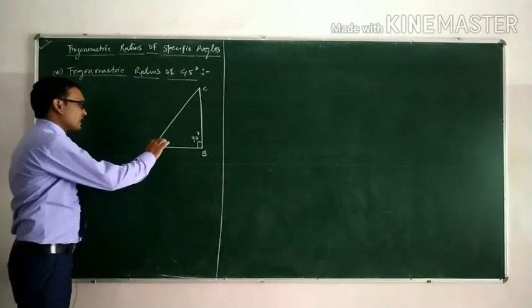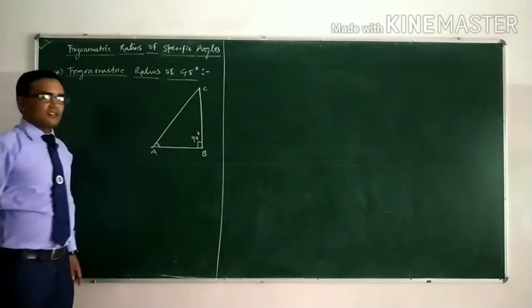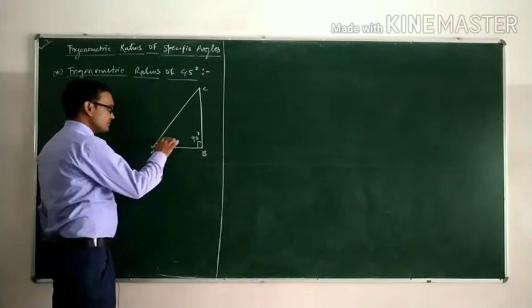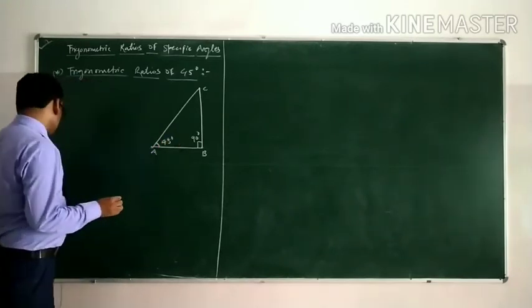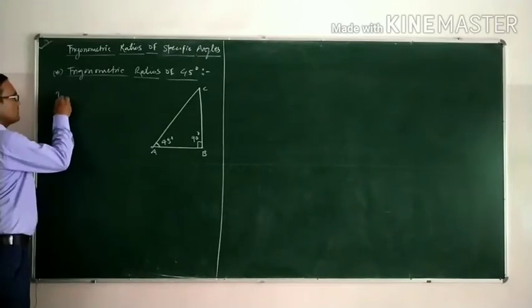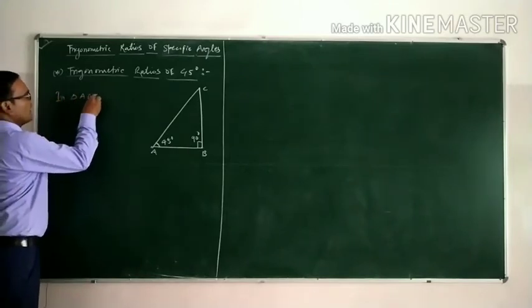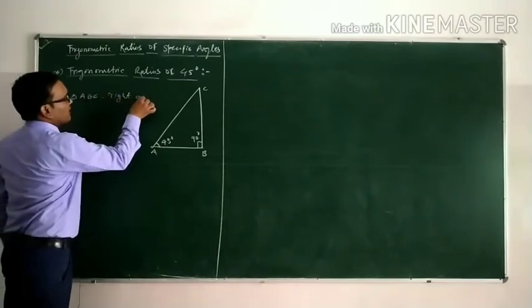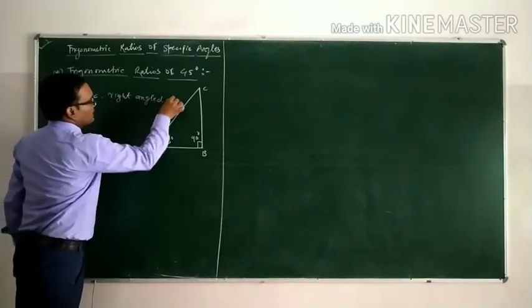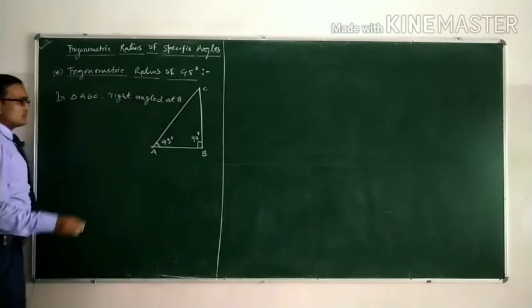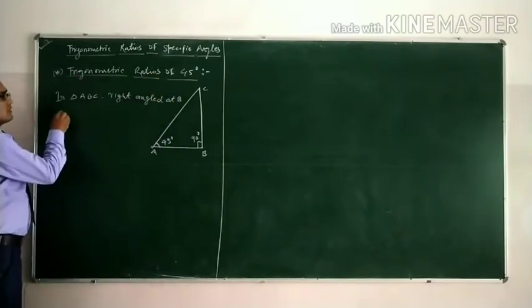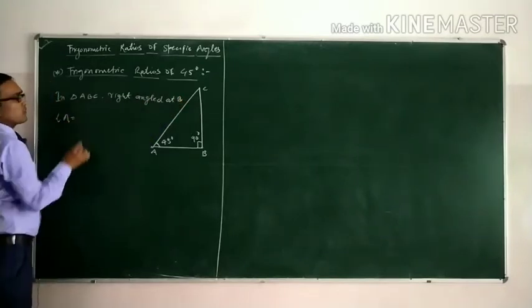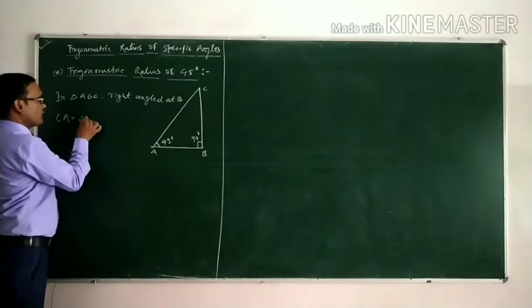We take angle A as 45 degree. In triangle ABC, right angled at B, angle A equal to 45 degree.